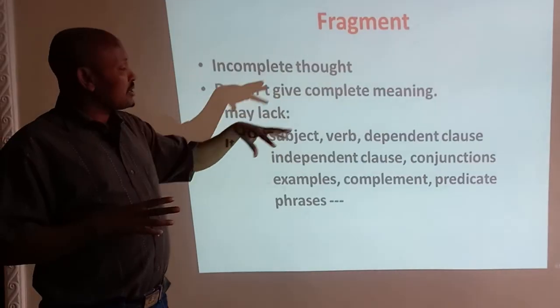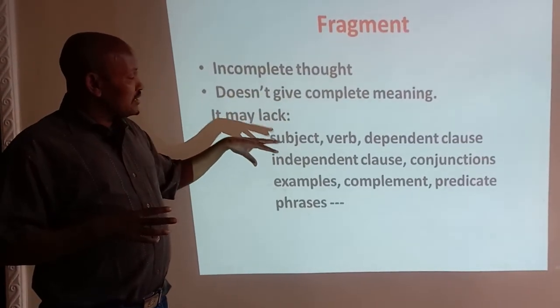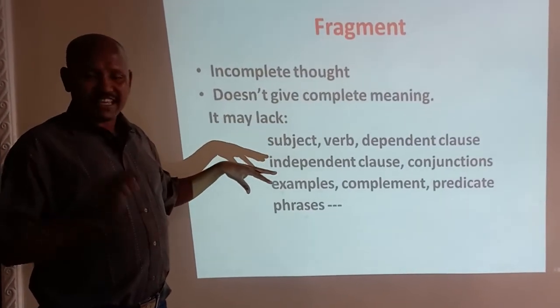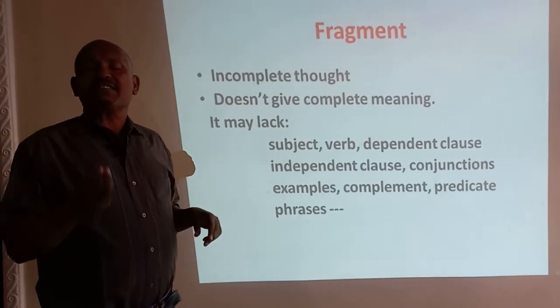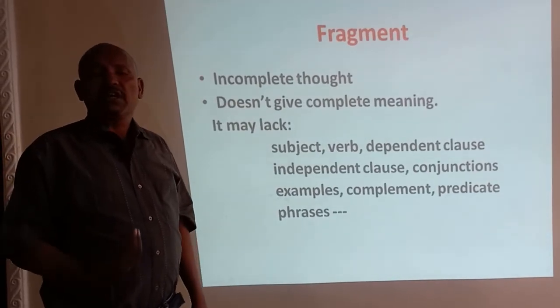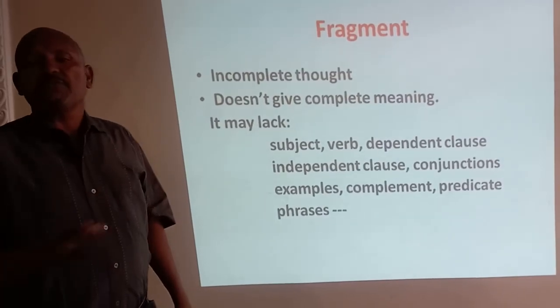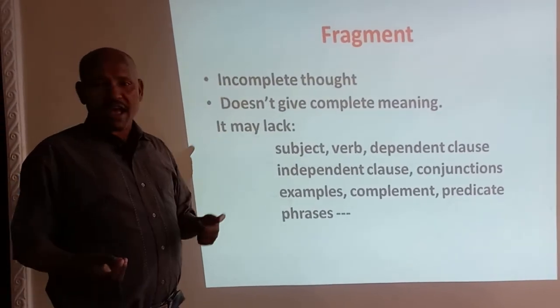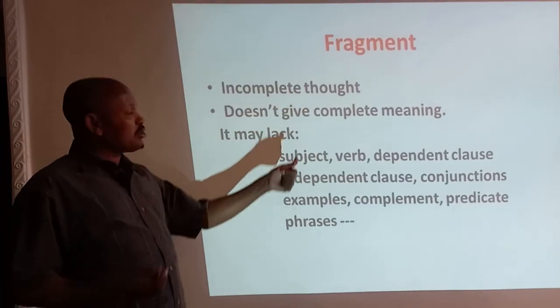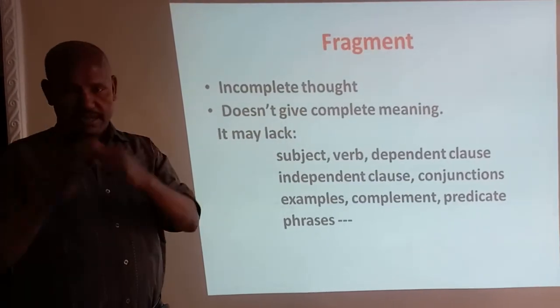The absence of these words and phrases in a given sentence makes the sentence a fragment because it is not complete. If sentences are not complete, they are called fragments. These are the causes of making a sentence fragment.